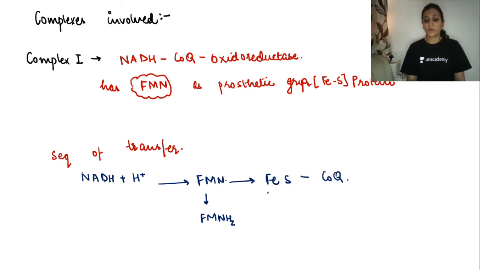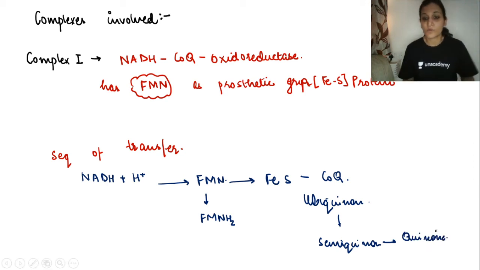Then the oxidized ubiquinone gets converted into reduced ubiquinone, which then gets converted into quinone. So this process gives rise to quinone in this step.